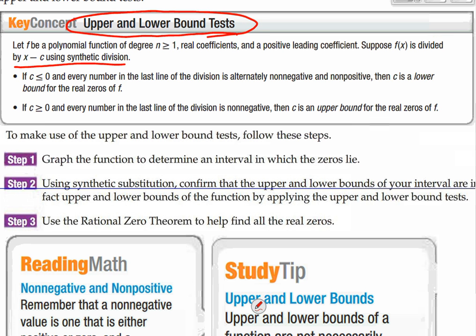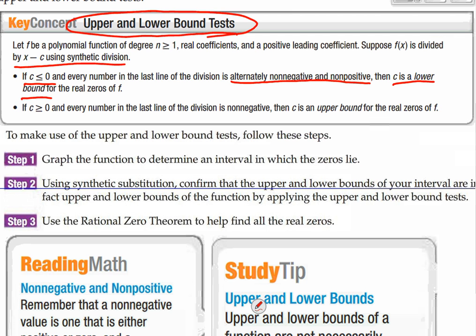And this is kind of an odd thing: if this number is less than or equal to 0, and when you do the synthetic division it alternates non-negative, non-positive. The reason it says non-negative, non-positive is that it doesn't have to go positive, negative, positive, negative, because there can be zeros in there. So it can go positive, 0, positive, and that's still considered alternating in that little list of numbers. Then c is a lower bound.